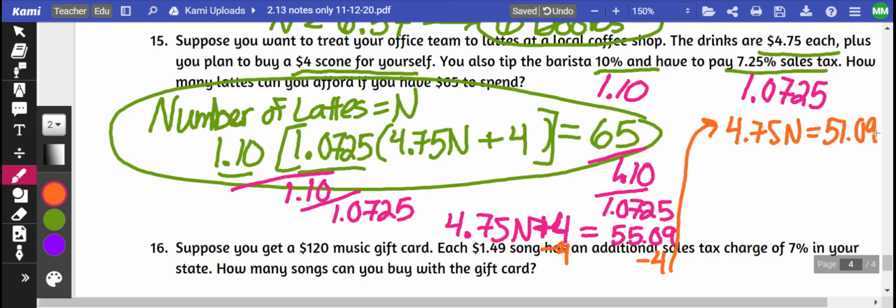Divide by 4.75. And we get 10.75. Round down to 10 lattes.